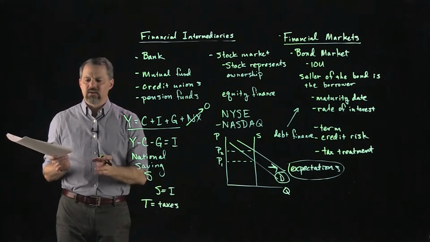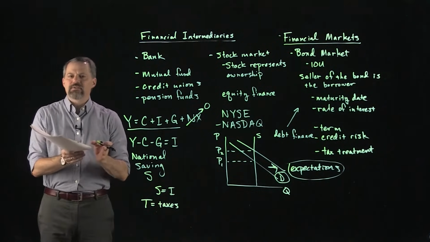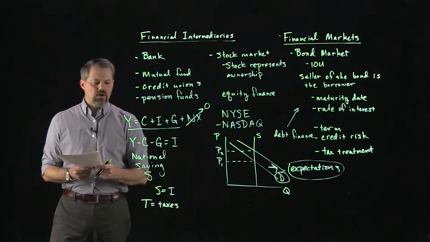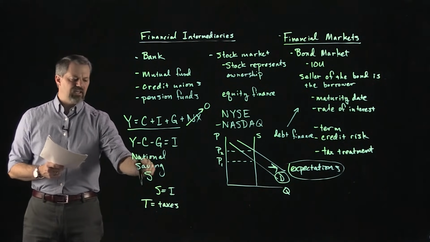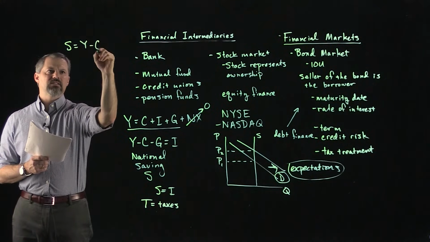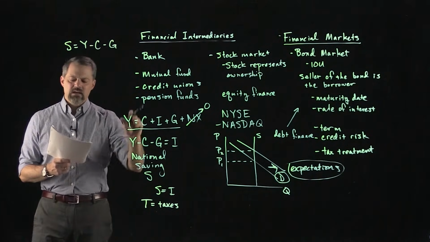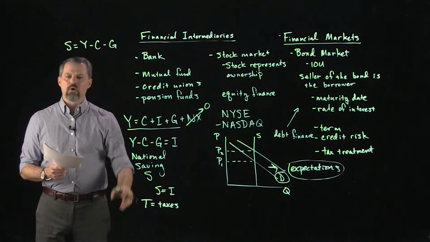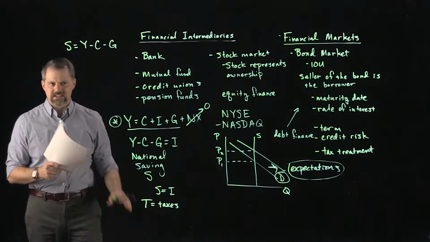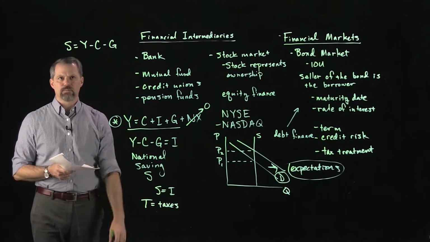A transfer payment is simply where they're transferring income from one person to another. So let's start with this. National saving, S, is equal to income minus consumption minus government spending. This is for an economy as a whole. We're talking, this is the economy right here. National income, okay? Not an individual person.